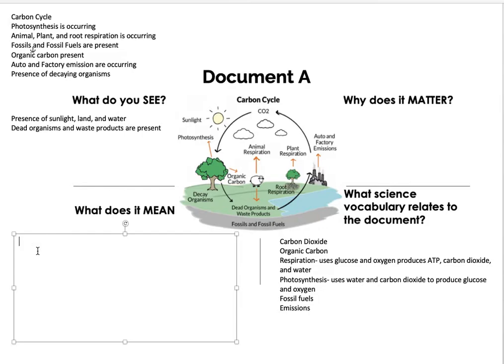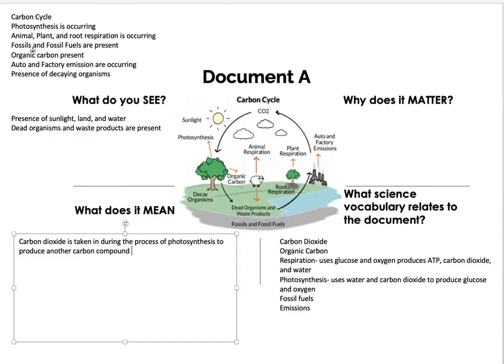So how do we write that? We can see that carbon dioxide is taken in during the process of photosynthesis to produce another carbon compound.